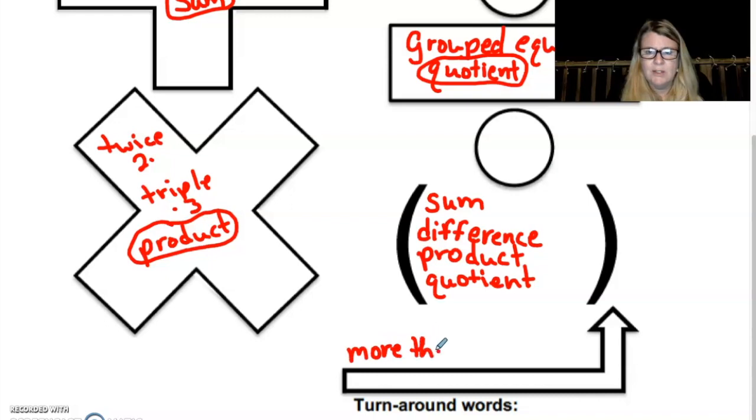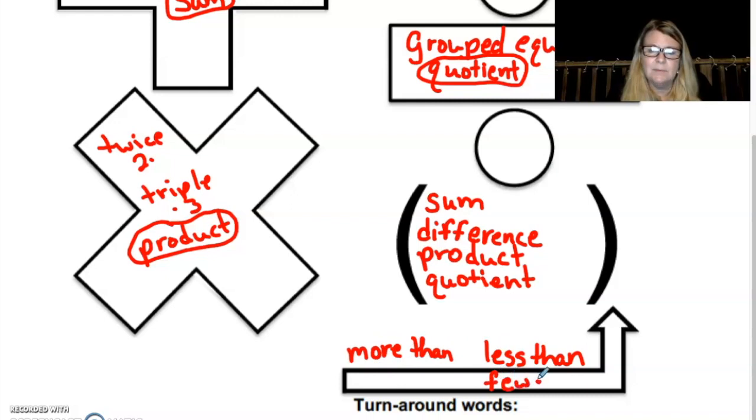That means you have something and then you're going to do more than that. So you take what you've got and then you add to it. Another one would be less than. That means you take whatever it is you have and you subtract something from it.